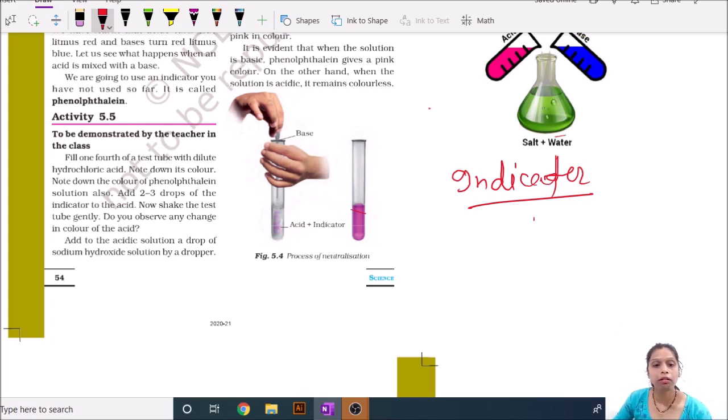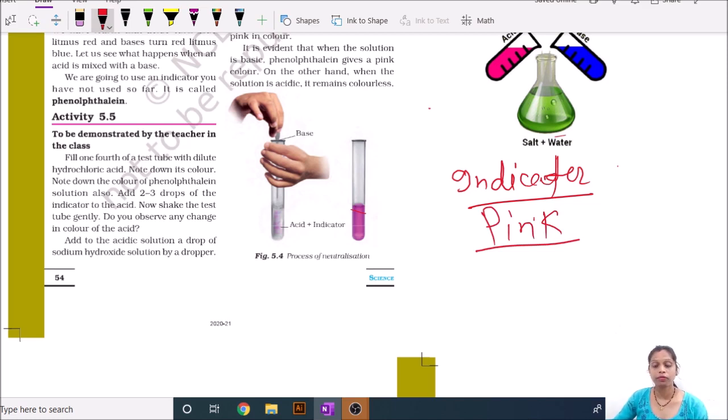Now you take sodium hydroxide, take some drops of sodium hydroxide and put them into the solution. What will you observe? When you continuously add sodium hydroxide drop by drop and stir well, its color is converted into a pink color.